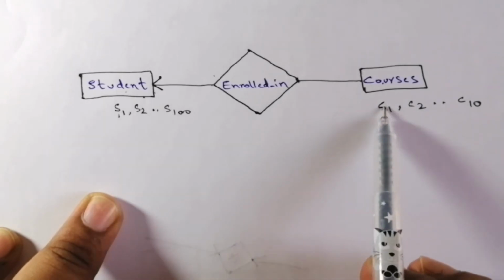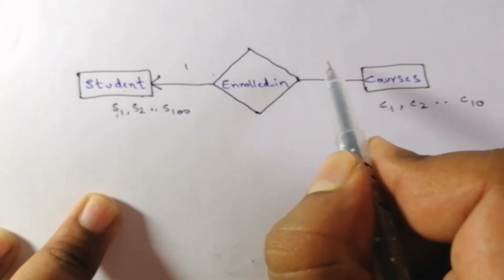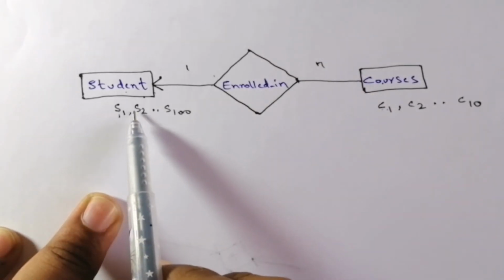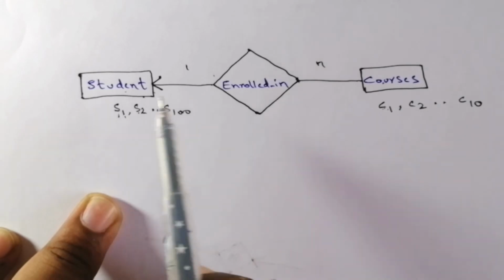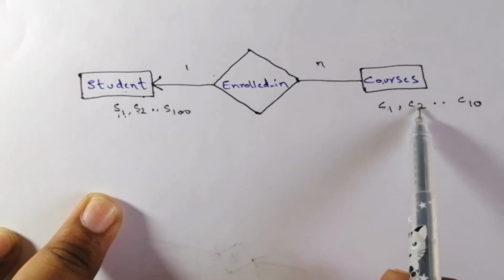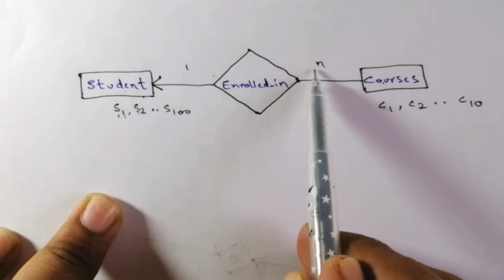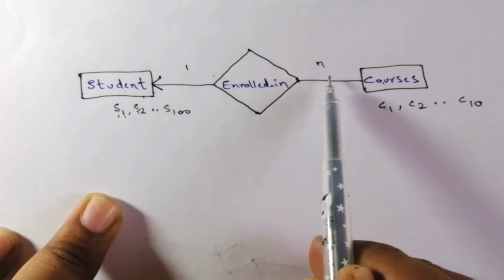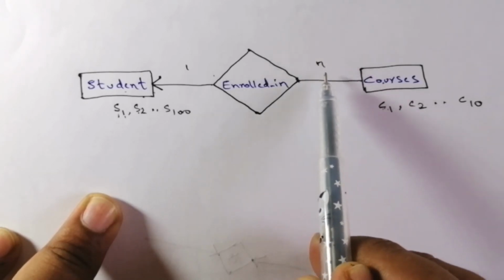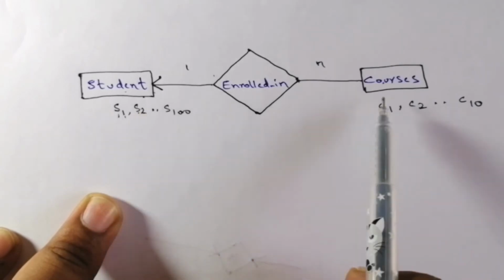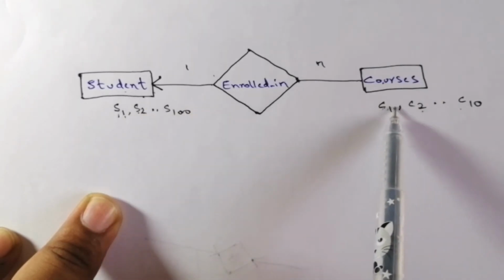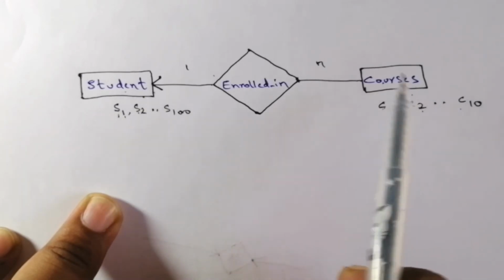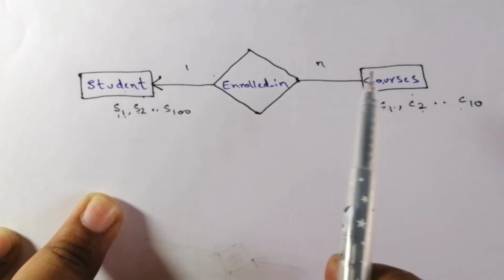Here we have 1, here we have n. So S1 can join C1 and S1 can join C2, because we have n, a many relationship, on this side. So S1 can join C1, C2, C3, any number of courses, right? So a student can join any number of courses.